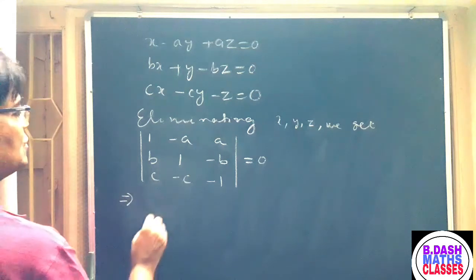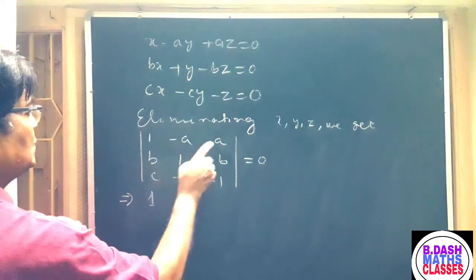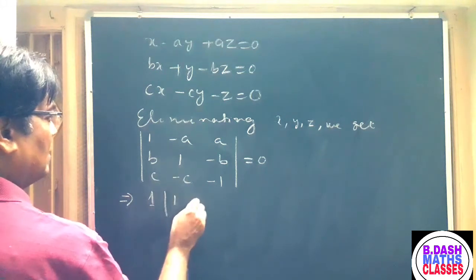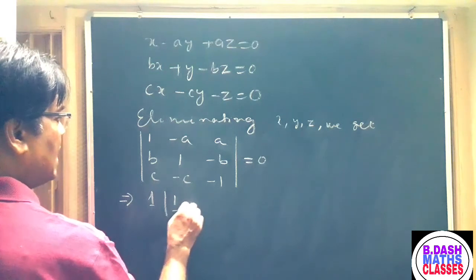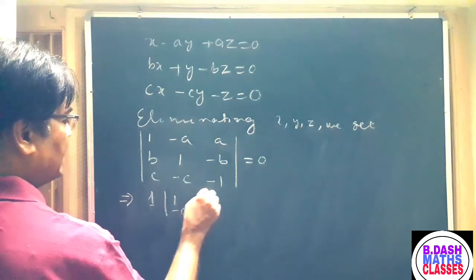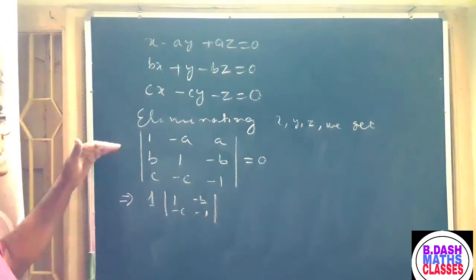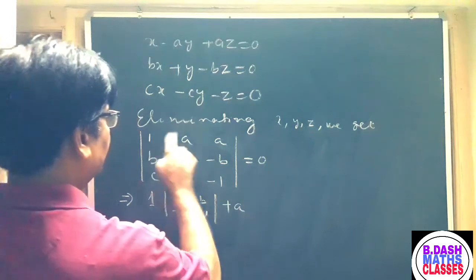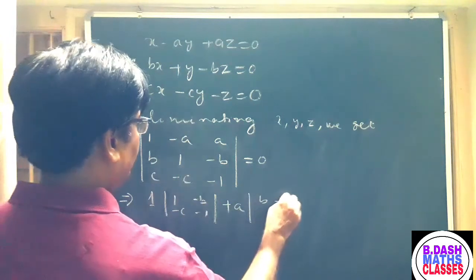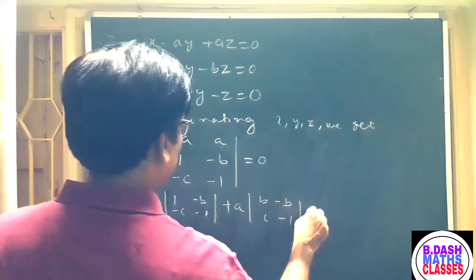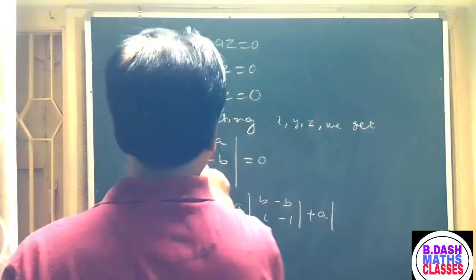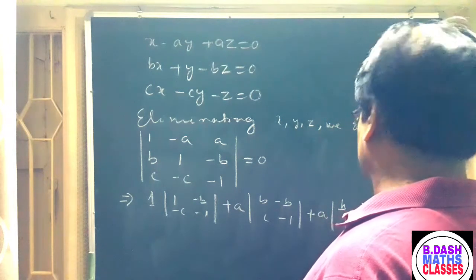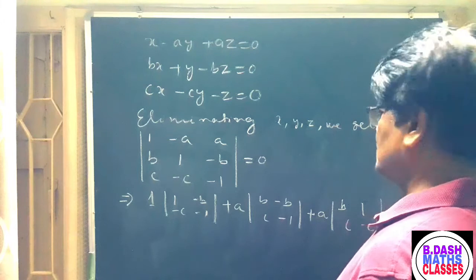This implies 1 into the determinant 1, minus b; minus c, minus 1. We are expanding, taking the first row. This will be plus a, b, minus b; c, minus 1. Then a, b, 1; c, minus c is equal to 0.